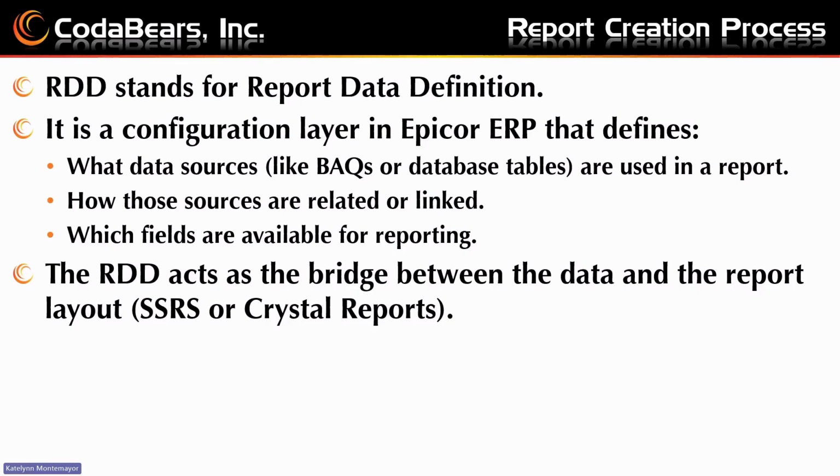You can choose which fields are available for reporting. So let's say your BAQ had all of the fields on there, but you only want this report to show a handful of them. Then you can choose to exclude or include certain fields. And the RDD acts as a bridge between the data and the report layout.